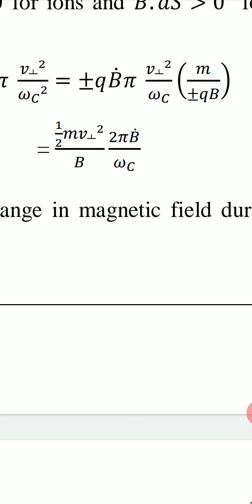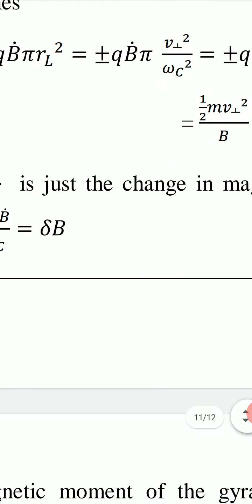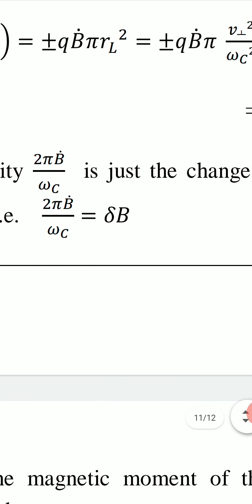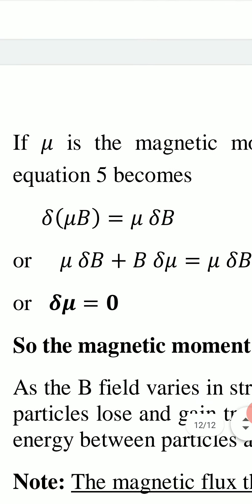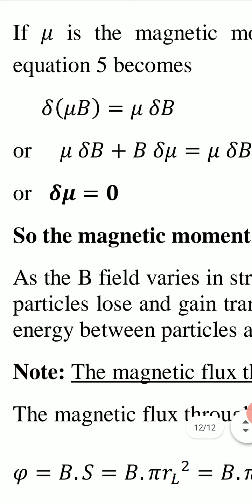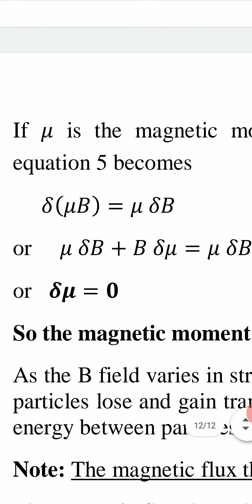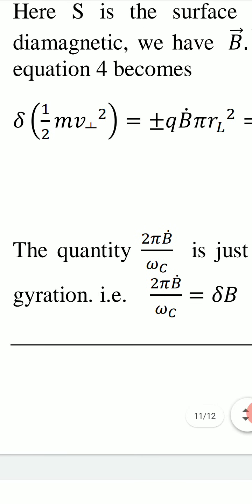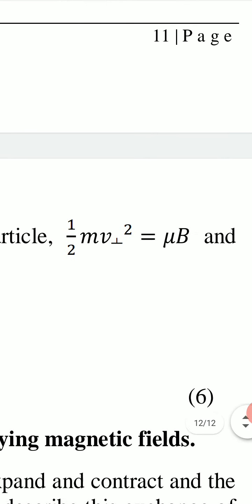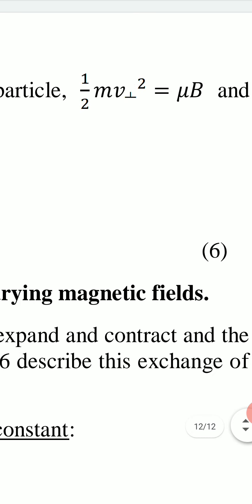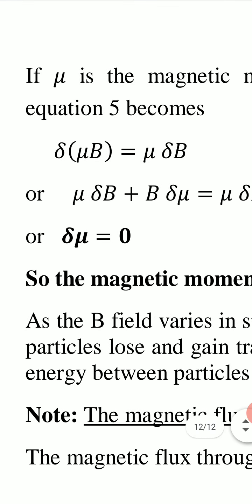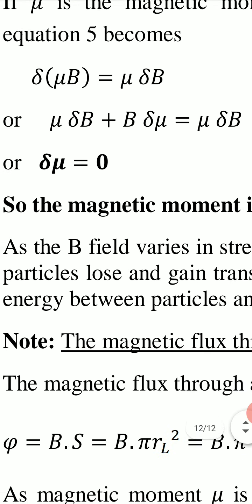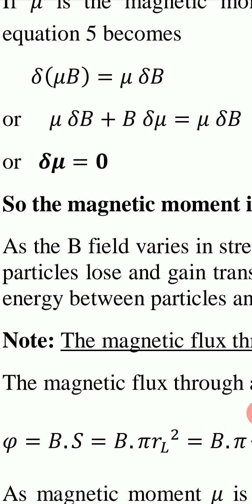And the next term is 2 pi b dot upon omega c, which is delta b. So the right hand side will become mu delta b, and the left hand side is delta of mu b, because half m v perpendicular square is mu b.